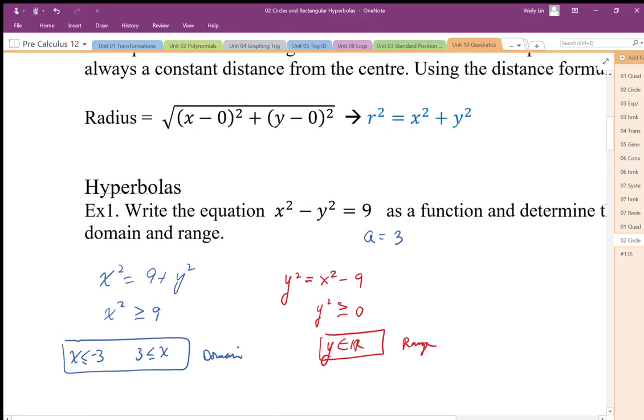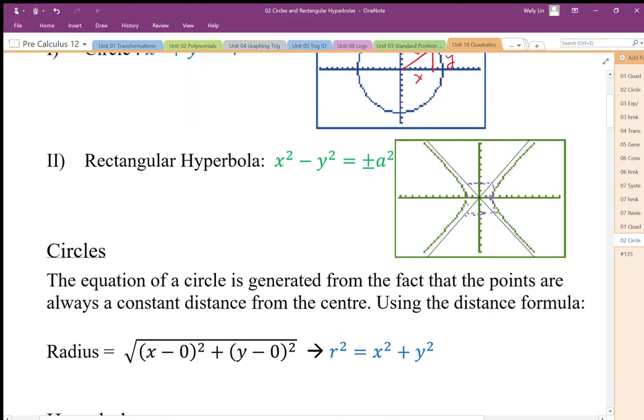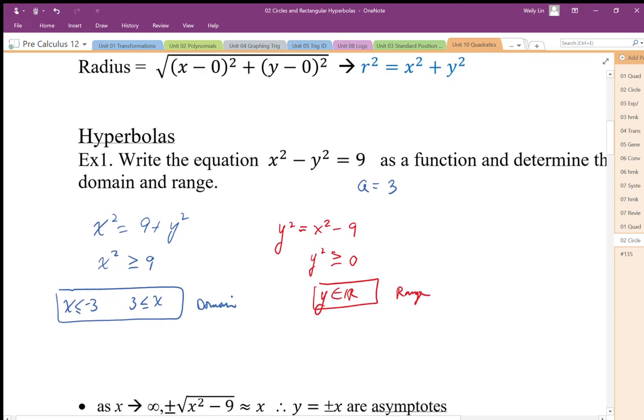And I did this algebraically, but I didn't really have to. I could have understood what the graph looks like. In fact, notice that if my radius squared is 9, my radius is 3. If a squared is 9, my a is 3. And notice that the a actually represents the domain restriction. So when I graph this function, it looks like this.